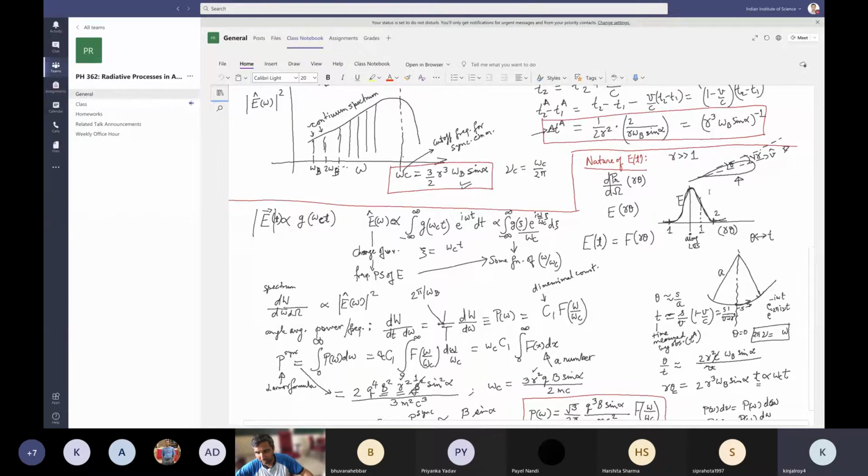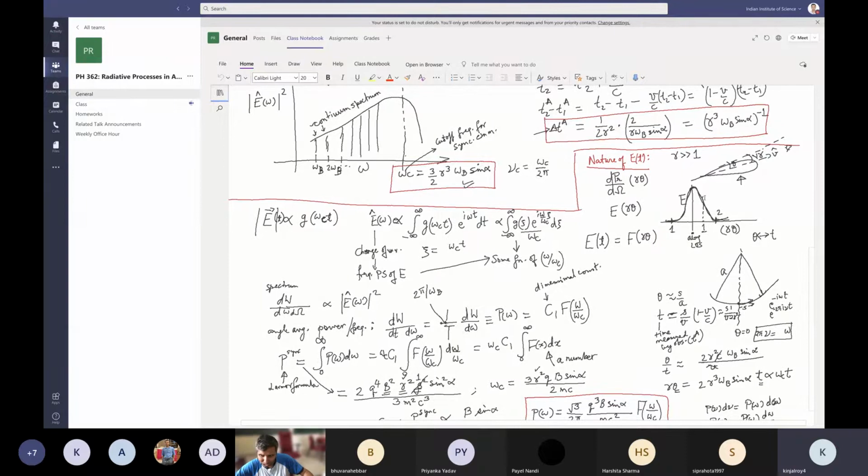Yes. I have not drawn it quantitatively, but I know that my radiation gets cut off at an angle theta of order 1 by gamma. We just know that from the aberration formula. What I'm saying is that not just the width of this envelope, but even the form of this electric field as a function of theta depends on gamma theta, not on theta only.